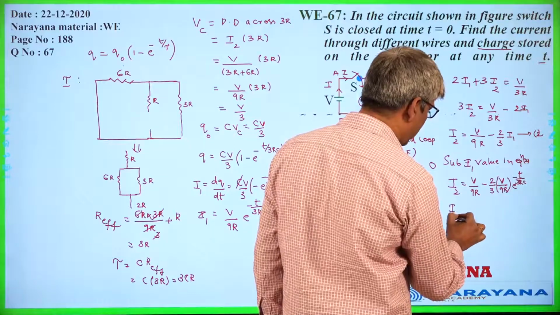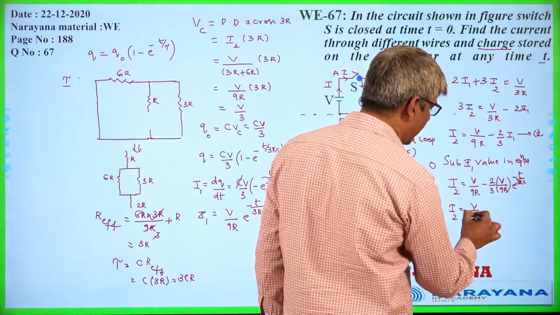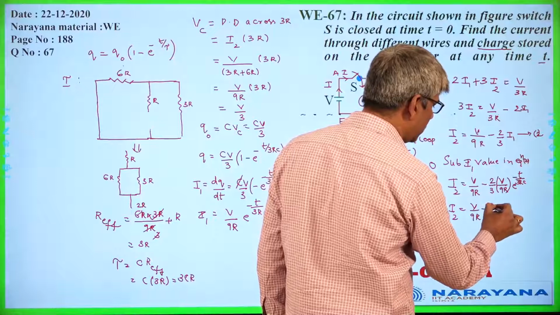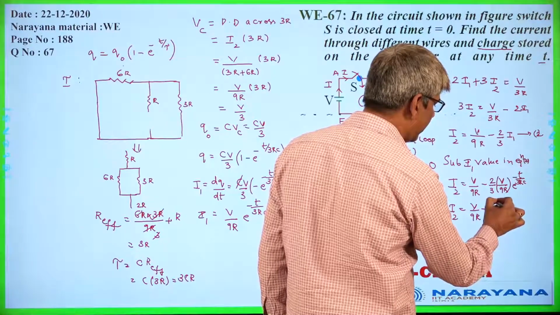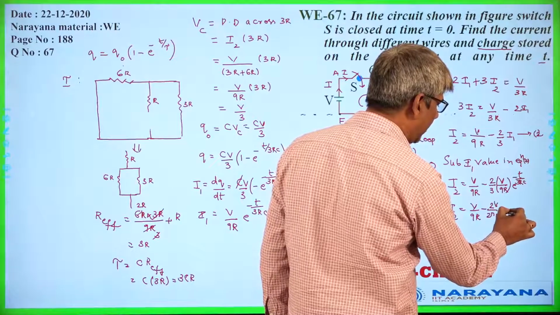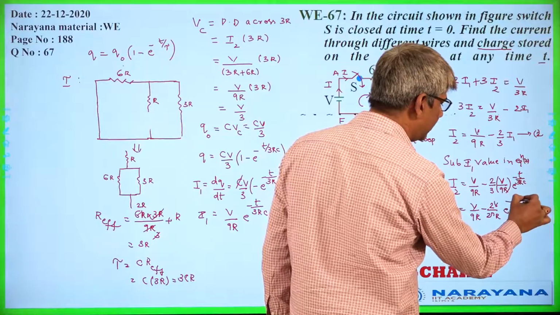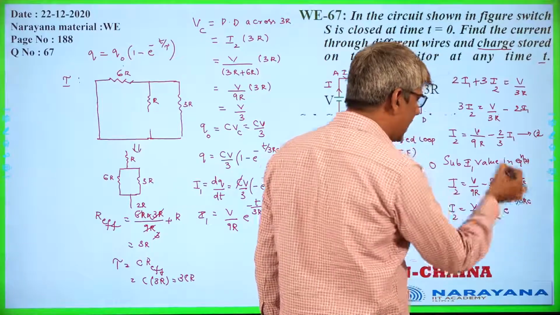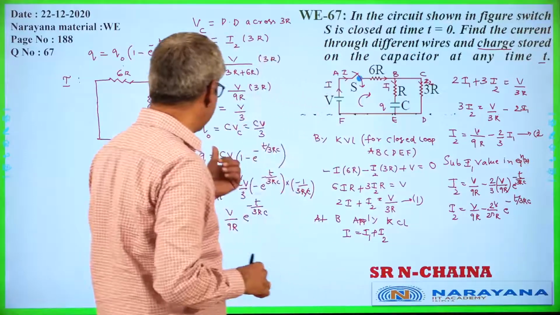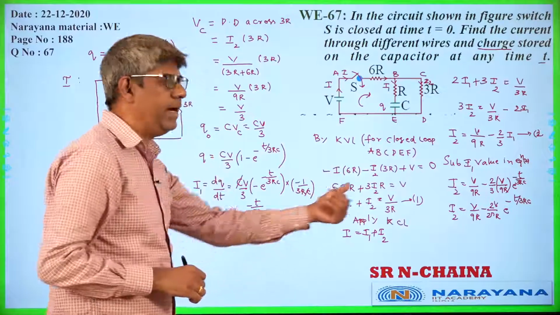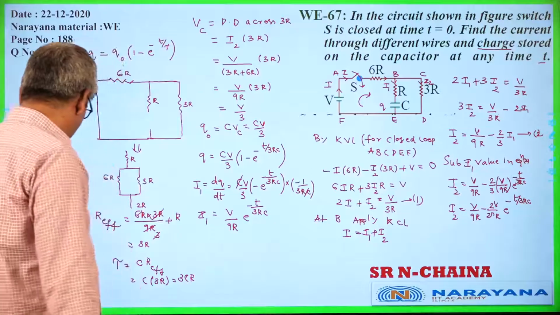So I2 is equal to V by 9R minus 2 by 27 V by R e power minus t by 3RC, which is our required answer. The required answers are Q, I1 and I2. The next problem.